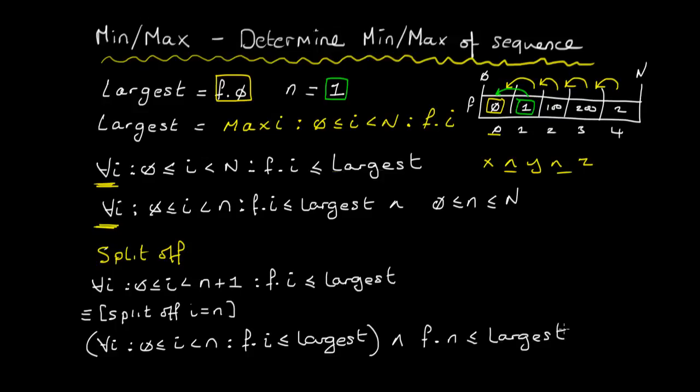And what we have in the brackets here is the largest value that we've processed so far. So largest here is essentially our answer, and largest will have found its value in this set of brackets.